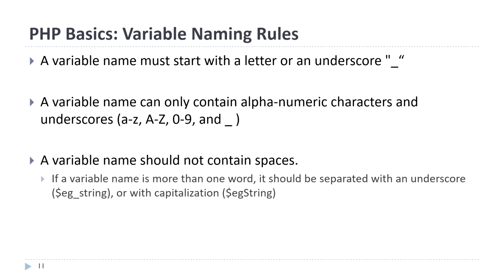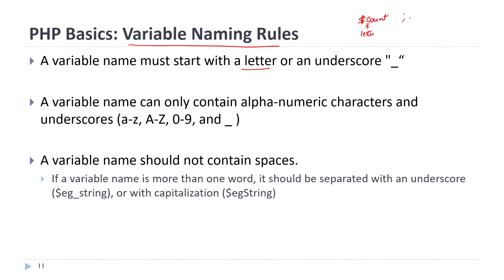Now, what are the variable naming rules? You cannot write whatever you want. The variable name must start with a letter or an underscore. So, I can write $count, this is okay, it starts with a letter.